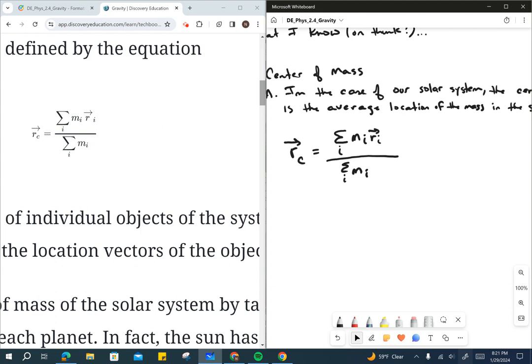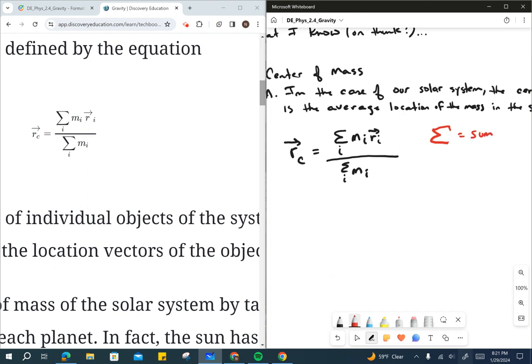Okay, so I guess maybe we should define some things just to help us remember. This symbol means the sum.